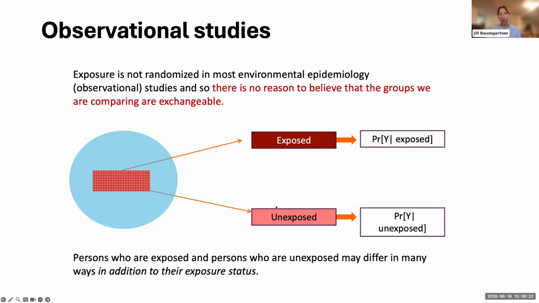We have a study population here. We have some people that are exposed, some people that are unexposed. We're following them over time. And the people that are exposed and unexposed may differ in many ways in addition to their exposure status. So not just their exposure to air pollution.